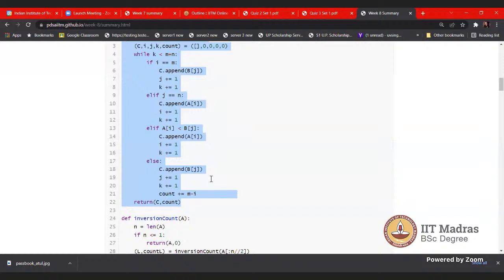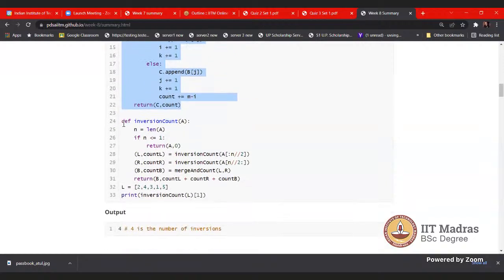Okay, clear? And this is the part where we are dividing the problem and merging the solution. We call inversion count on the first part, then on the second part. After that we call this merge and count algorithm.